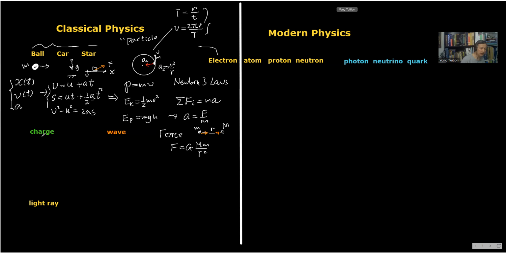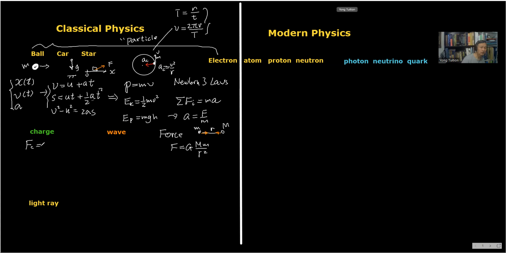Another force is regarding the charge. So I write this force over here. So why do we know force? Because once we know force, we can work out acceleration. We need to know the acceleration. In this formula, we have to ask what's the acceleration. But sometimes acceleration is given to you.